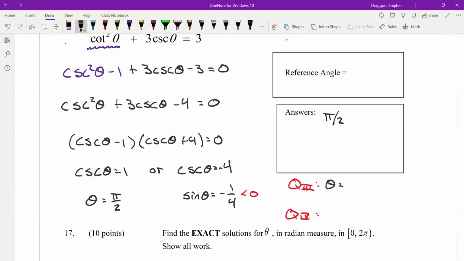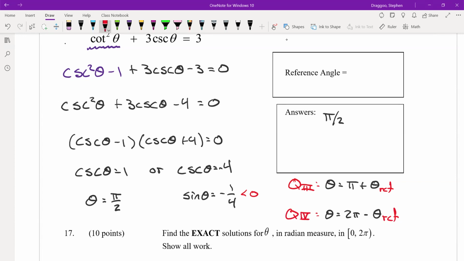Where I'll need pi plus the reference angle. And in quadrant 4, I'll need 2 pi minus the reference angle. So I should just go and calculate what that thing is, just to make that a little more clear.